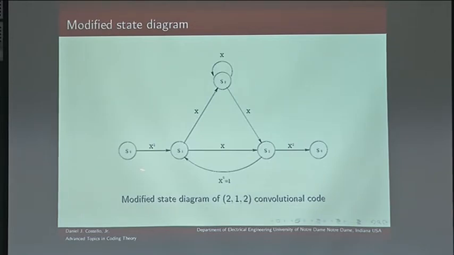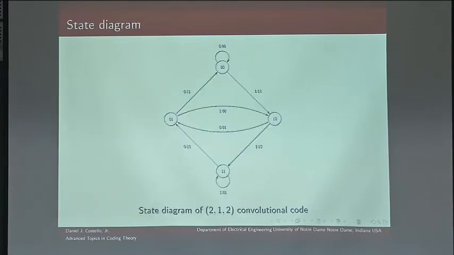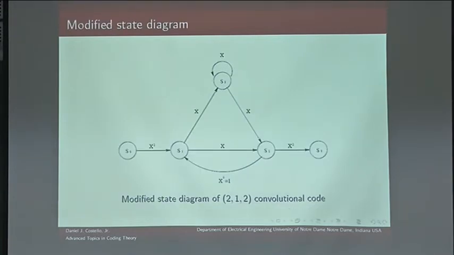Each branch here is labeled with a power of x corresponding to the number of non-zero output bits on that branch. So here, in taking this branch, we have weight 2, so we'd get an x squared. Then from here, we go either to this state or to this state. Either way, we have weight 1, so we have x to the first power.